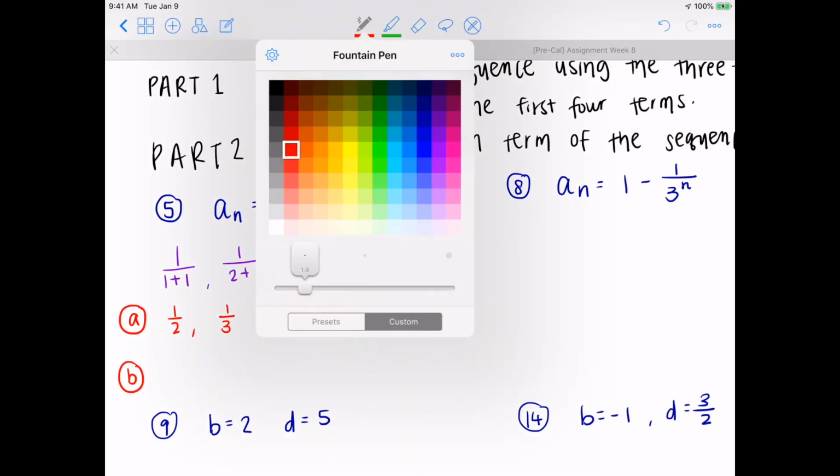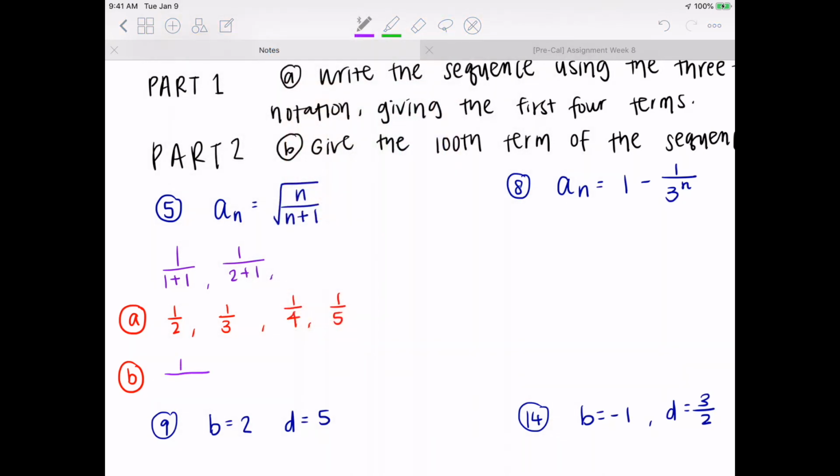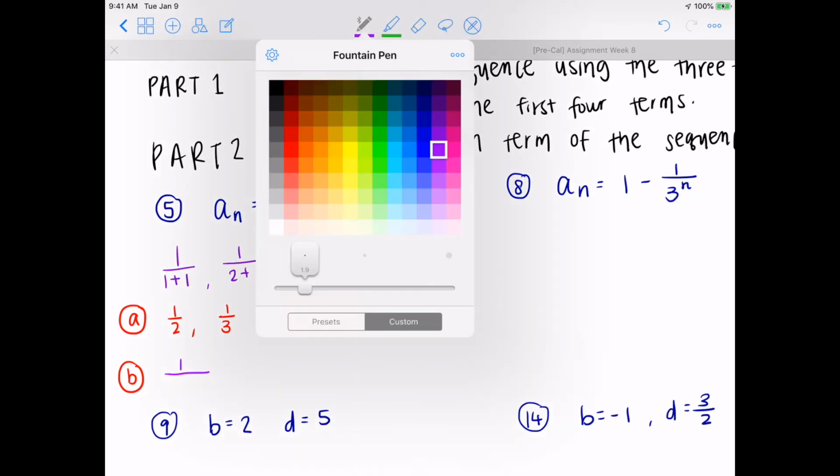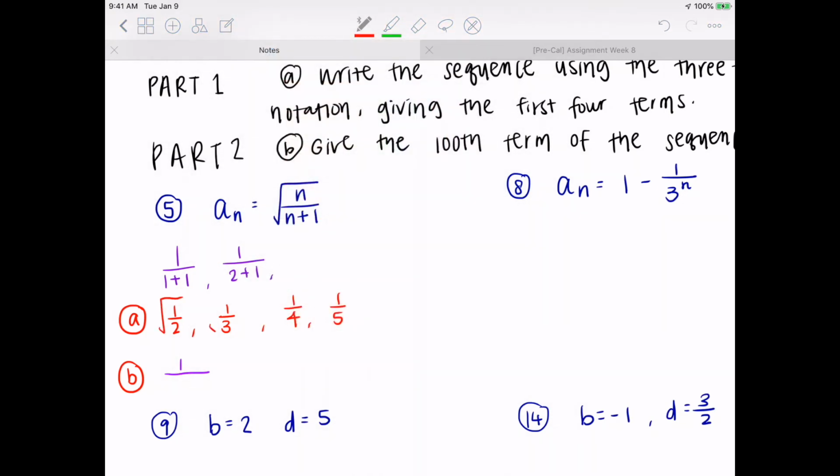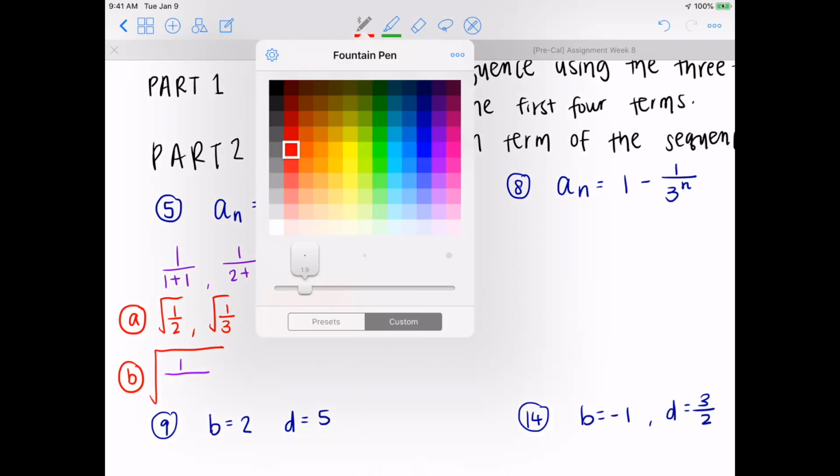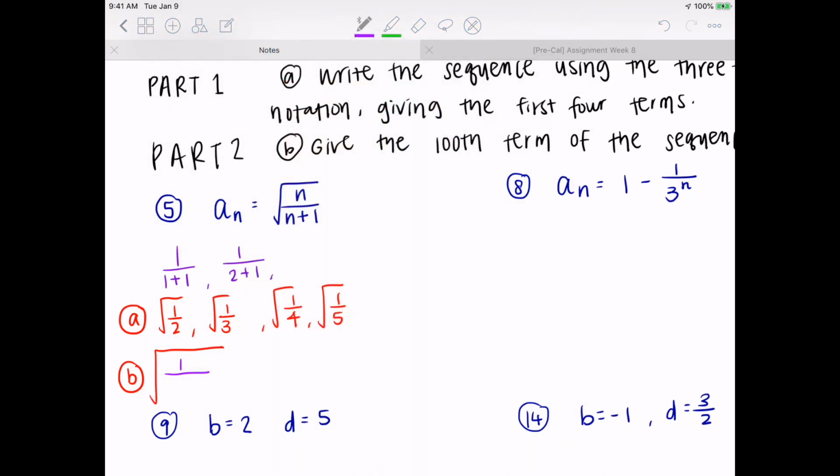Oops, sorry, I forgot my square roots. Square root, square root, square root, square roots. This one too. Square root of 1 over 100 plus 1, which gives us 1 over 101. That's our answer. And these are your answers too.